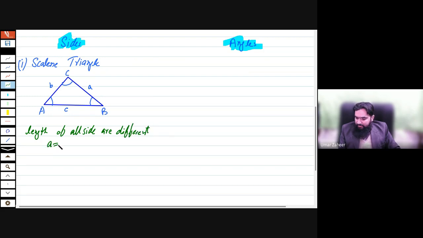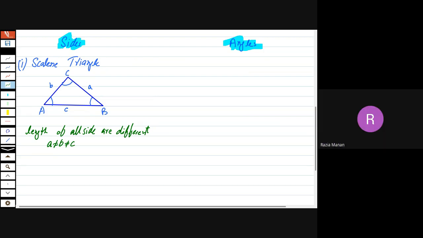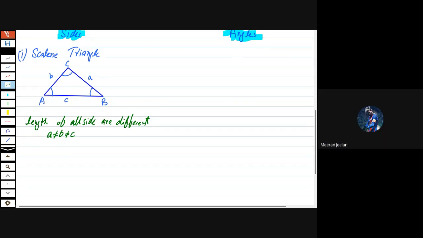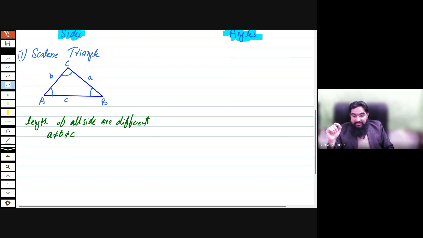Means A is not equal to B is not equal to C. Clear? Yes, sir. This is the first type of triangle on the basis of their sides, that is scalene triangle.